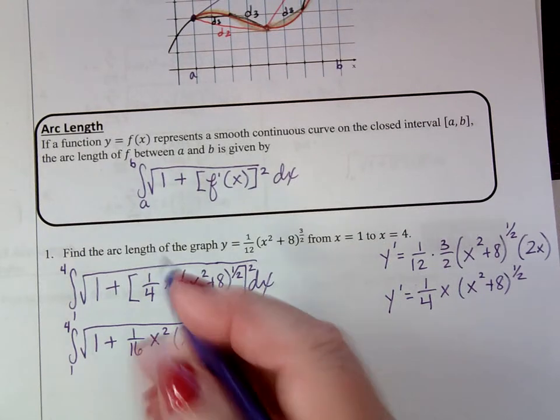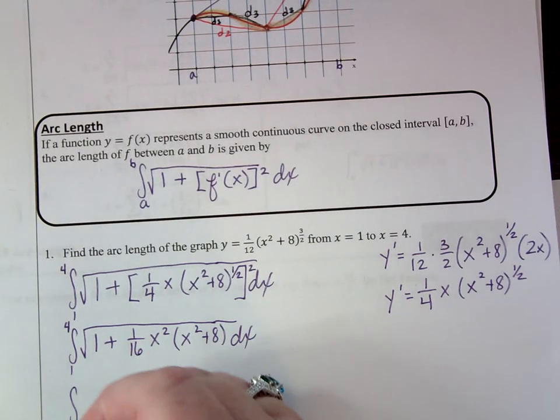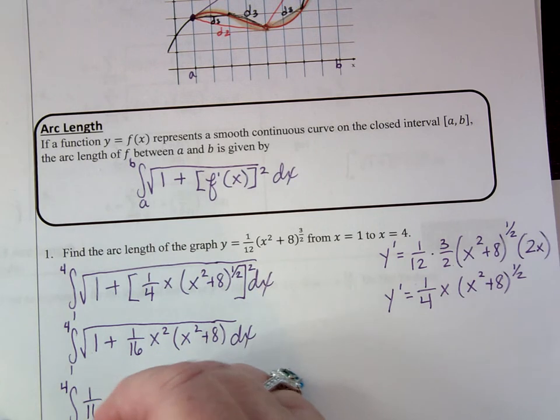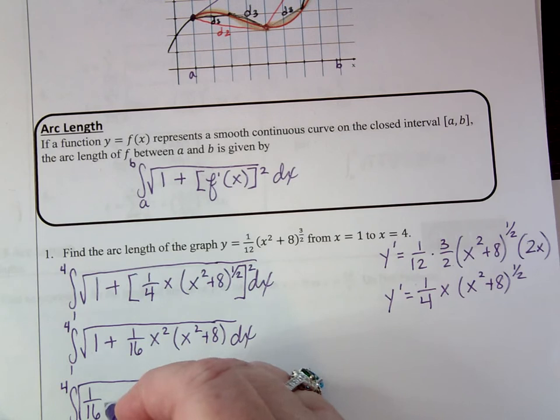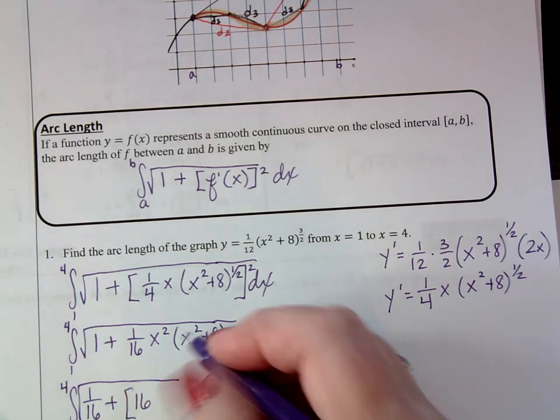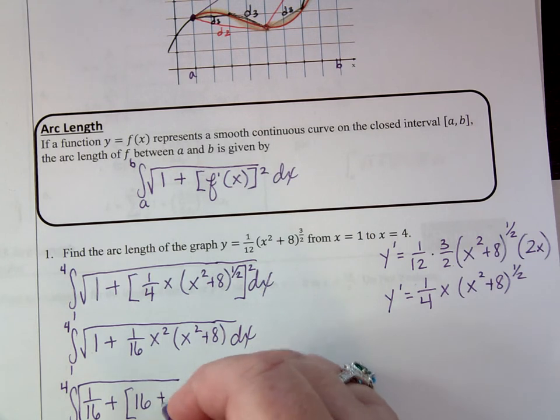Here's some others that I saw given on the curriculum video. They did this. They did 1/16 on the outside. Actually, inside your square root. 1/16 plus. And then they put 16. Isn't this bizarre? 16 plus x squared.